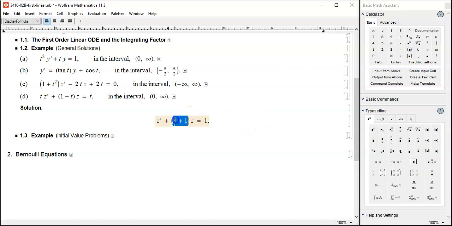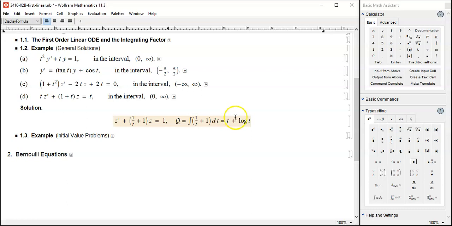This is p. So the integrating factor will be q equals the integral of 1 over t plus 1 dt, and that's going to be logarithm plus t, right? So t plus log of t.